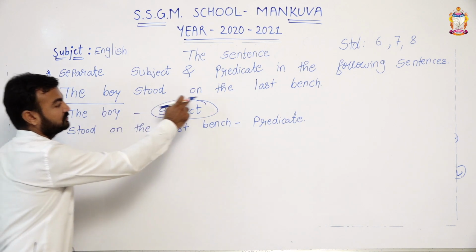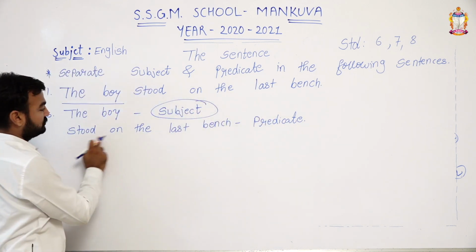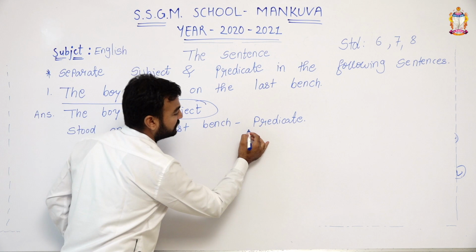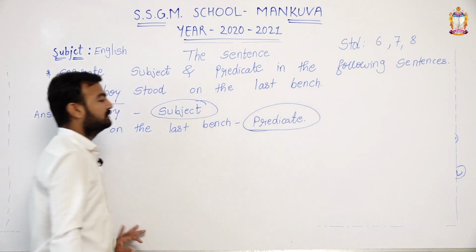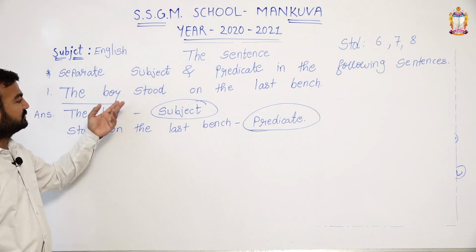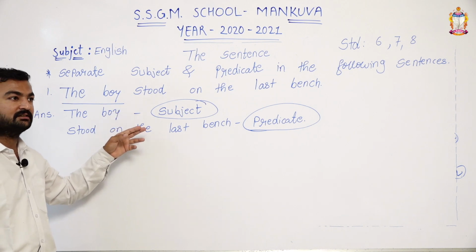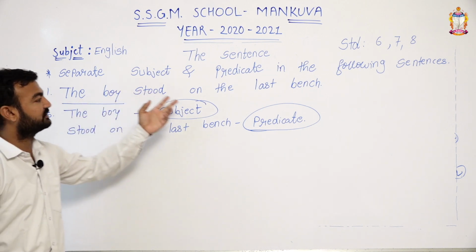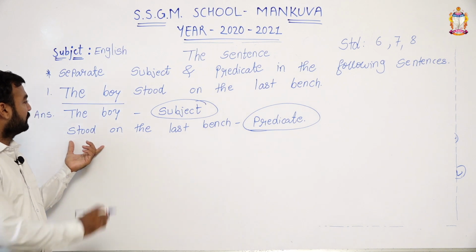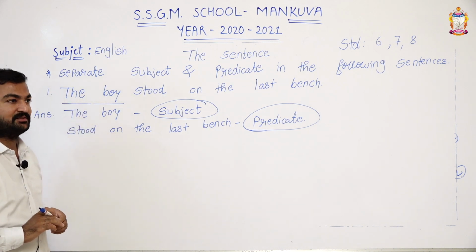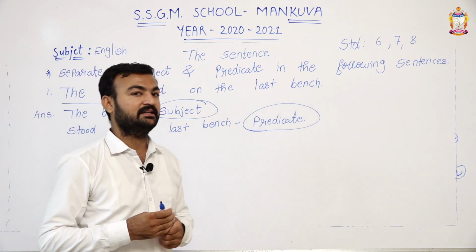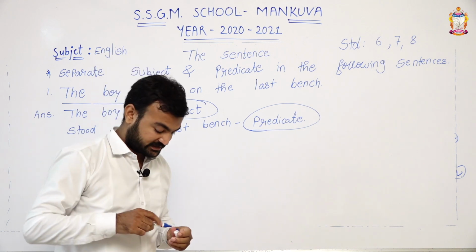So stood on the last bench is called predicate of the sentence. From this we can come to know the first part and the second part: the first part is called subject, and the remaining second part is called predicate.